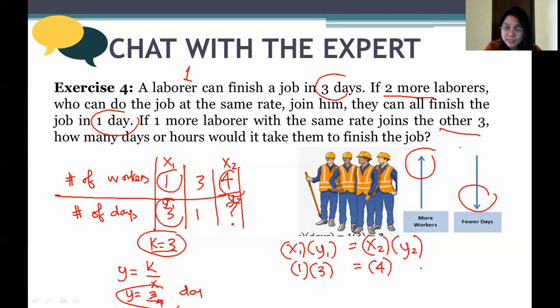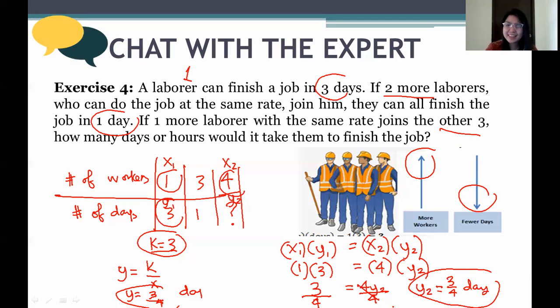Y sub 2 is missing. So you have 3 equals 4 Y sub 2. Divide both by 4. So Y sub 2, it's not Y squared, Y sub 2 is equal to 3/4 of a day. Same answers, right? It's up to you which procedure you'd like.